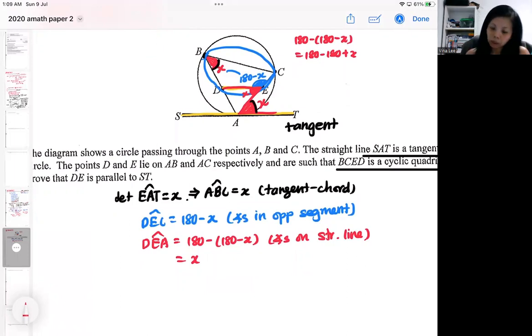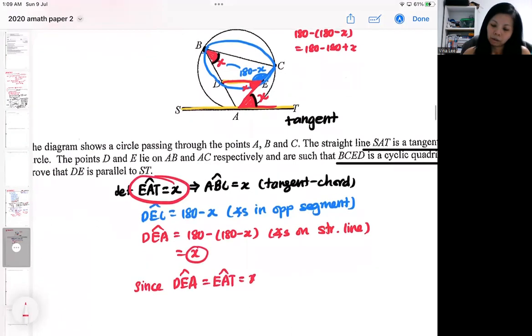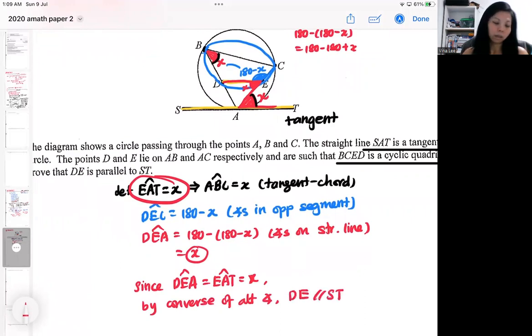So eventually you need to explain that since DEA is equal to EAT, both equal to x, by the converse of alternate angle, DE is parallel to FT.